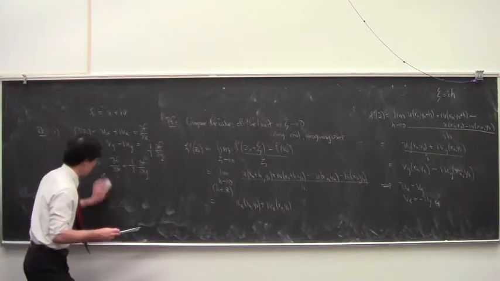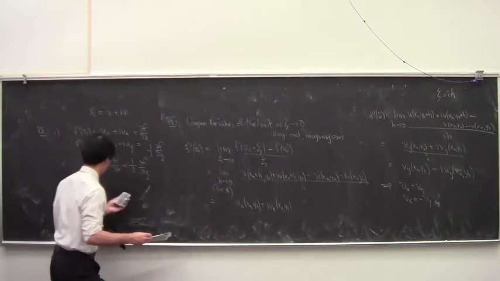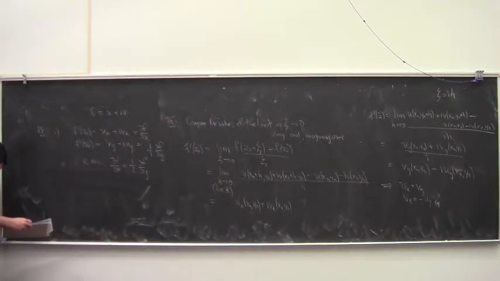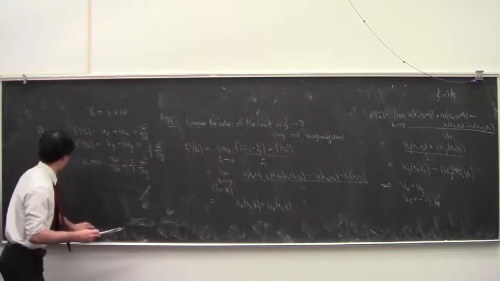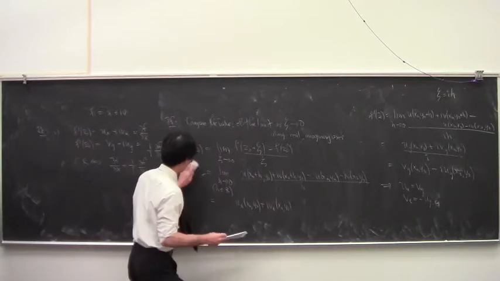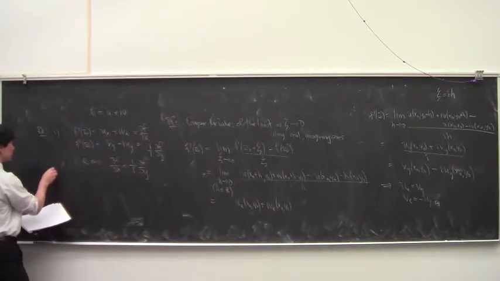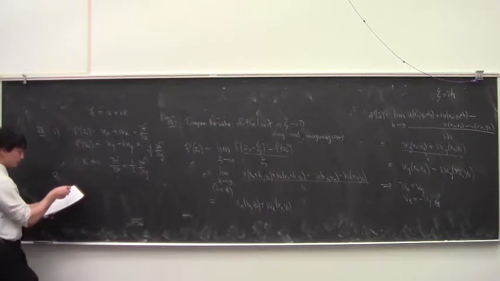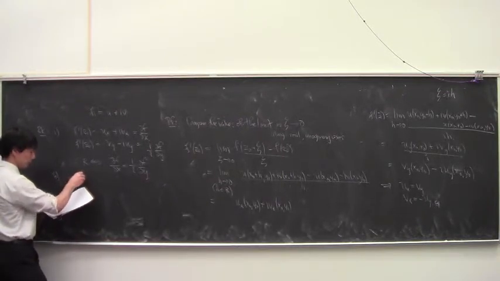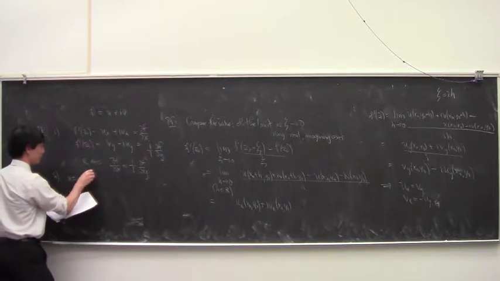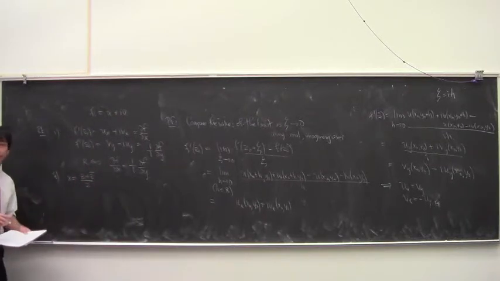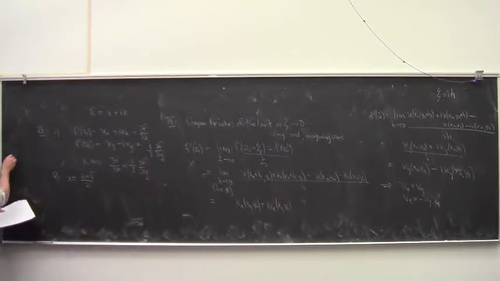Along the same lines, number 2, notice that x you can think of as z plus z bar over 2. Remember, z is x plus iy, z bar is x minus iy.